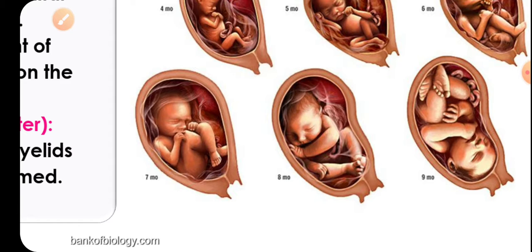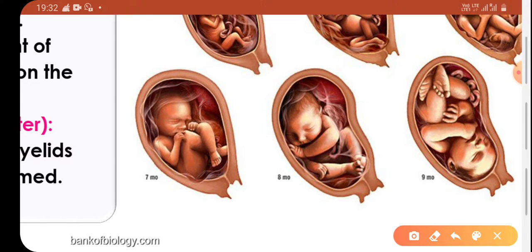At the end of the eighth month, fat is deposited for later use, and fingertips form. The fetus is approximately 43 centimeters long, and the weight will be around 2.25 kg.